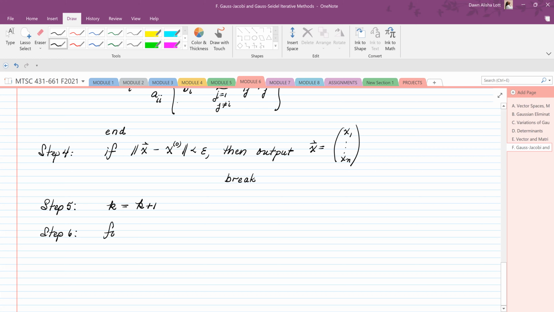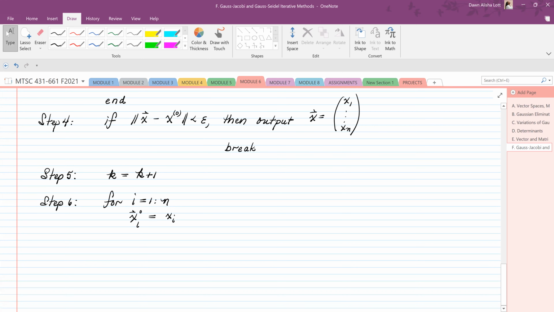We're going to have, for i equal to 1 to n, let x0 at i equal x at i. So you're going to save your new solution. Then step 7, output your x, and then stop.